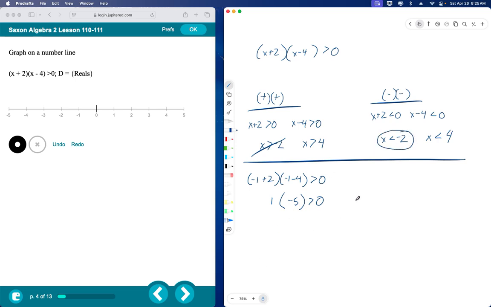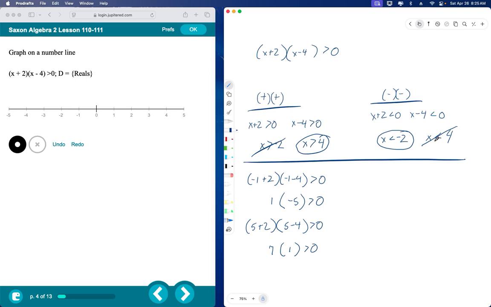Okay, so I'm going to test this one. X is greater than 4. Let's do 5. So 5 plus 2, 5 minus 4. That's 7 times 1. It is greater. So it is this one. It is not that one. Which makes sense if you think about it. If x is greater than 4, it can't be less than 4.